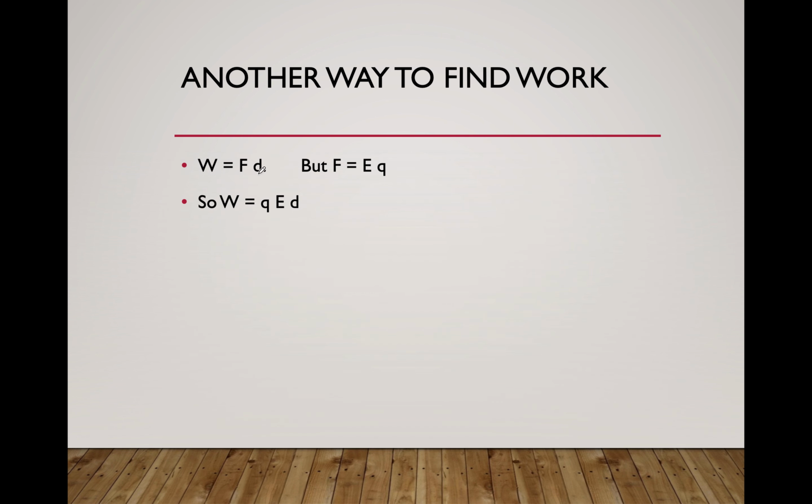Another way to find work is if we take our work done formula, and if you remember F equals EQ, we can substitute that. Instead of my F, I can write EQ, so EQ multiplied by d, or rearranged a little, qEd. W equals qEd.